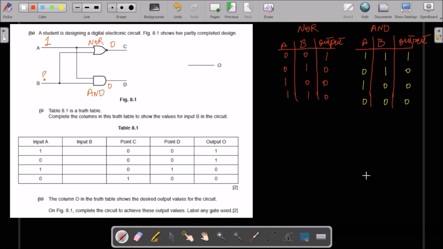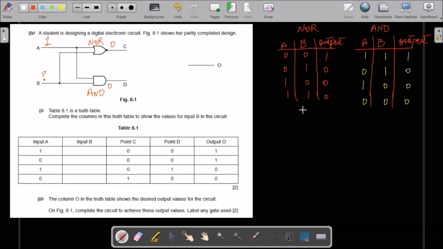So this is one part which is missing in question 8. I would like to explain one of the parts of question 8 again, separately. Suppose input A is 1, and outputs C and D are 0. Look at NOR gate and the truth table for NOR gate. If A is 1 and output is 0, you will have 3 choices: 0 and 1 is 0, 1 and 0 is 0, and 1, 1 is 0.